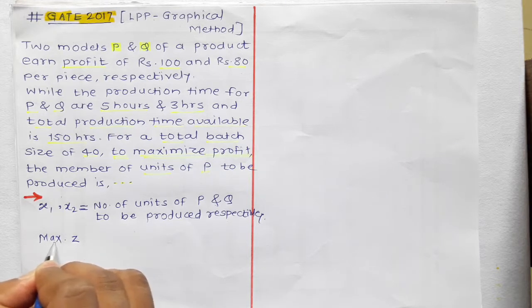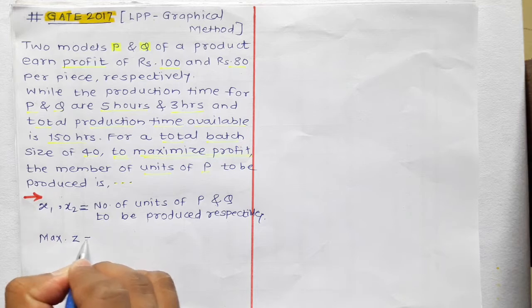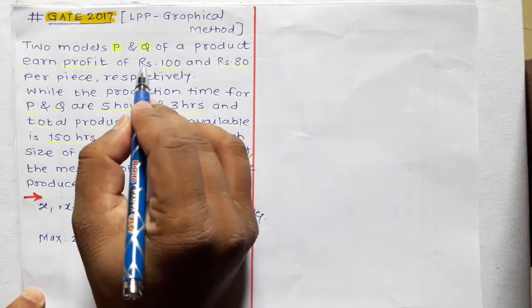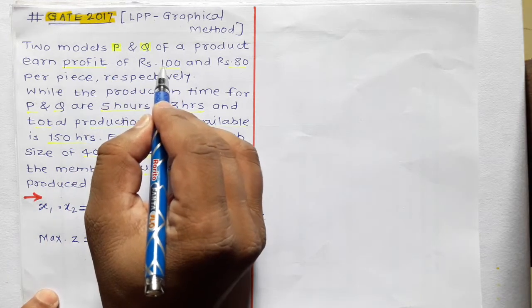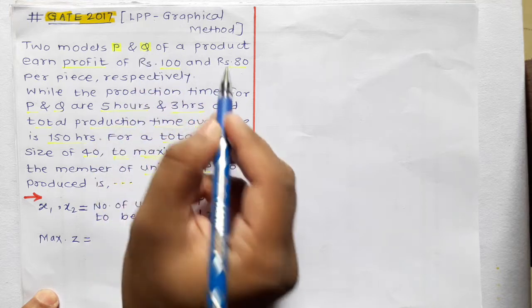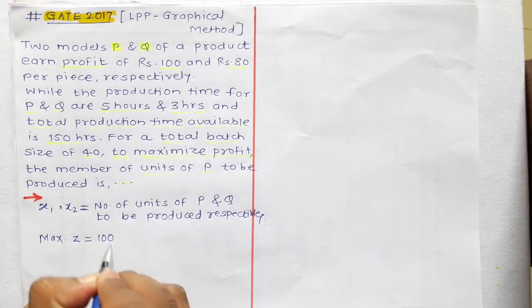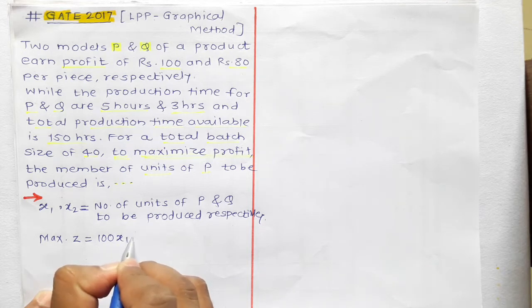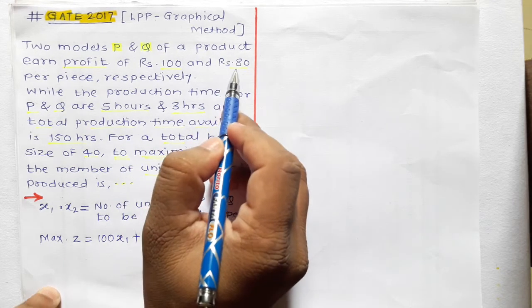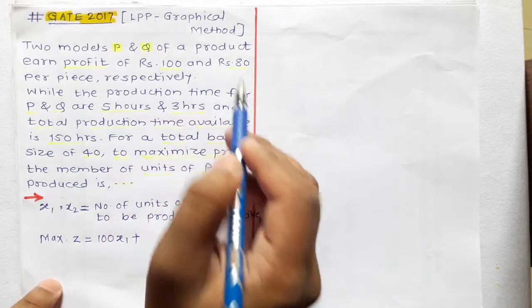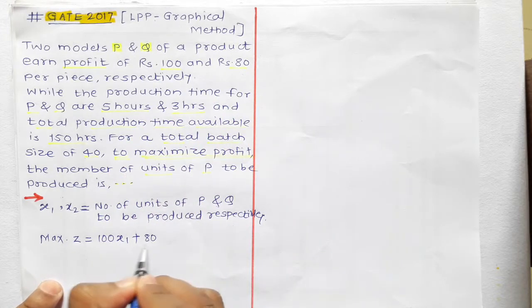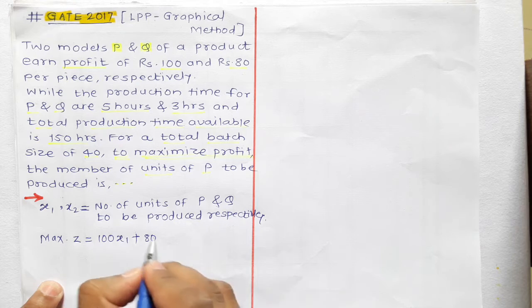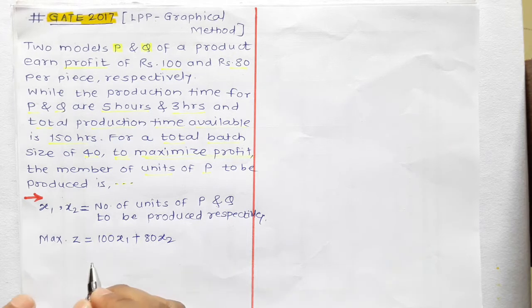So we can write maximum Z is equal to 100 X1 plus 80 X2, where 100 is the per unit profit of P, X1 is the number of units of P, 80 is the per unit profit of Q and X2 is the total units of Q. So this is the objective function.